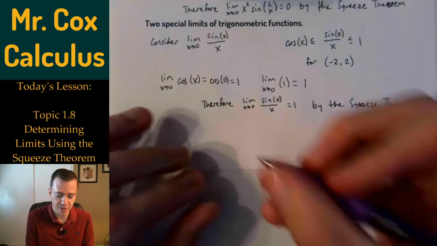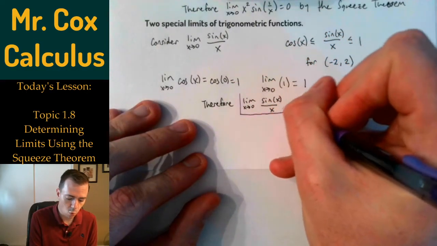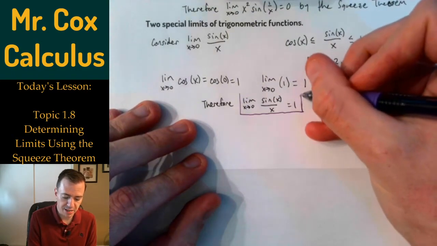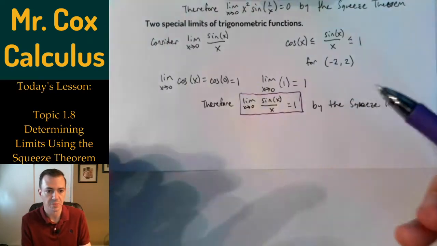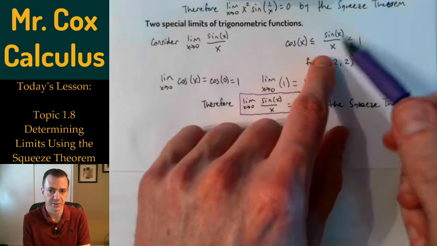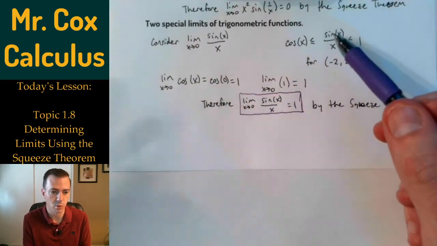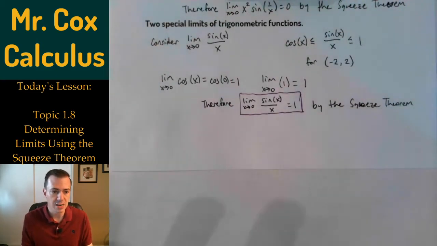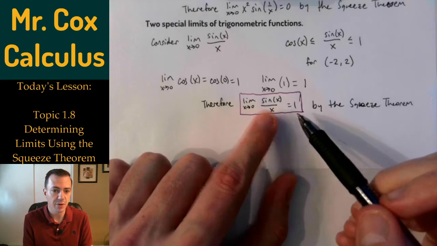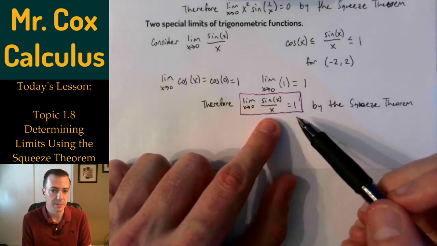This is a very, very important limit statement that gets made. It's proven using the squeeze theorem. And the proof looks like this, although we should probably, if we were doing a formal proof, establish more about what happened here. But for what we need right now, this is a very, very important limit statement.